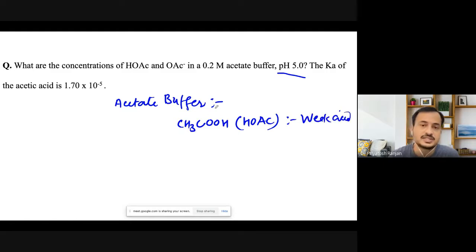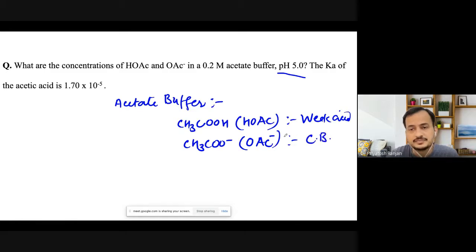And then we have to consider its conjugate base, which is going to be CH3COO minus, which you can also represent in the form of OAc minus, which is a conjugate base. Remember, when I'm saying 0.2 molar acetate buffer, that means this 0.2 molar acetate buffer is going to consist of CH3COOH as well as CH3COO minus.